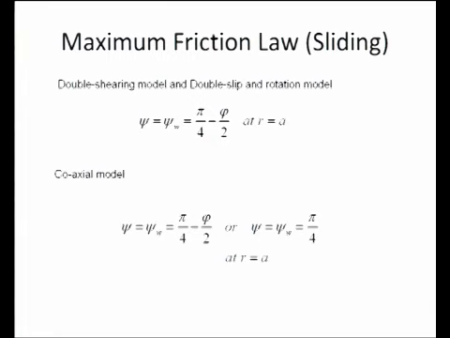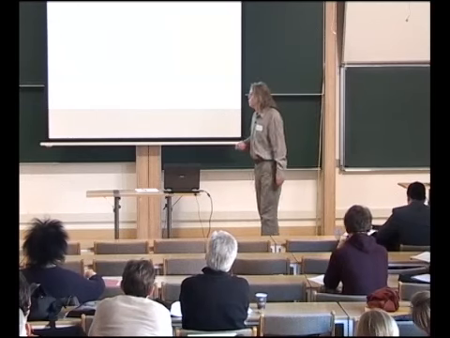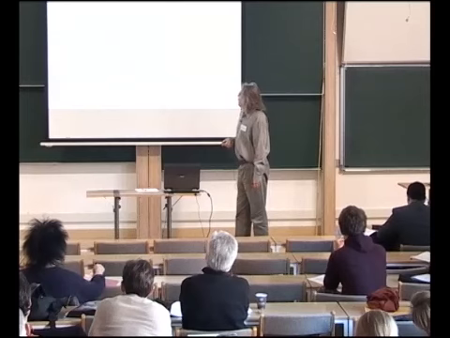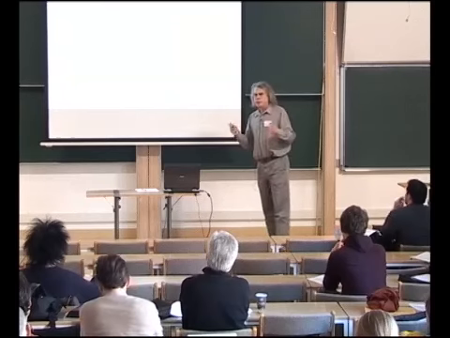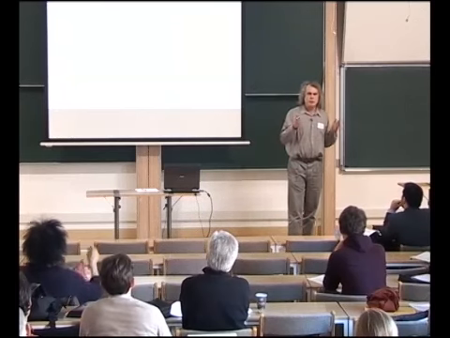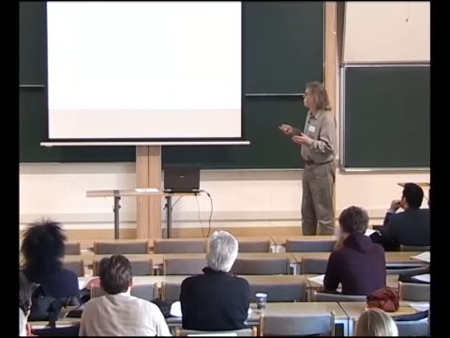The physical meaning is that the solution cannot be extended beyond this surface because it's an envelope. We cannot extend the solution beyond this line, and that's why it is called the maximum friction law. We cannot apply larger friction. It's just based on the system of equations.